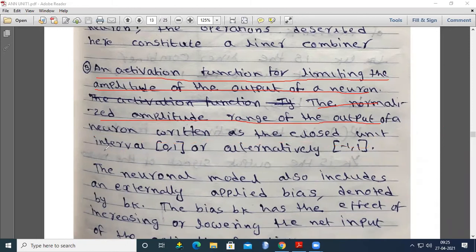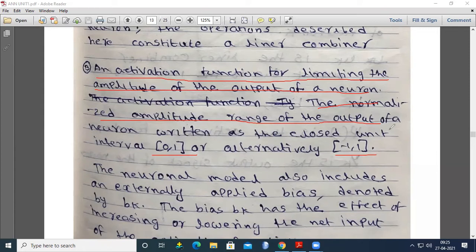So this interval you are going to write as 0, 1 or -1, 1. An activation function for limiting the amplitude of the output of a neuron. The normalized amplitude range of the output of a neuron is written as the closed unit interval 0, 1 or alternatively -1, 1.